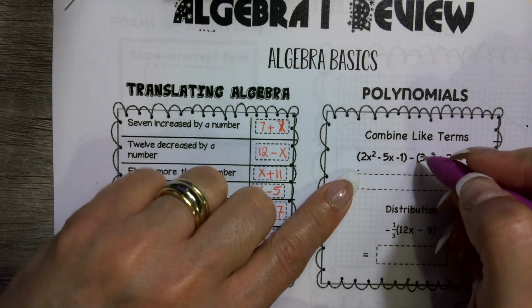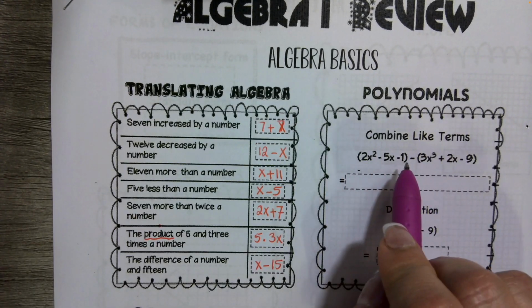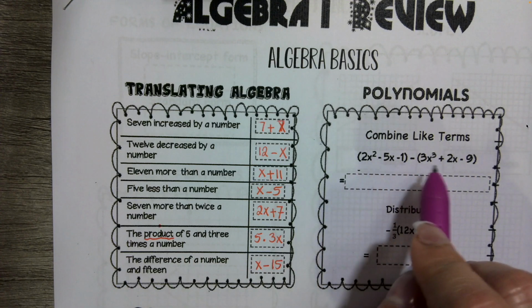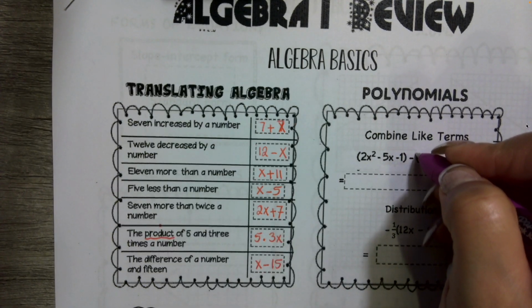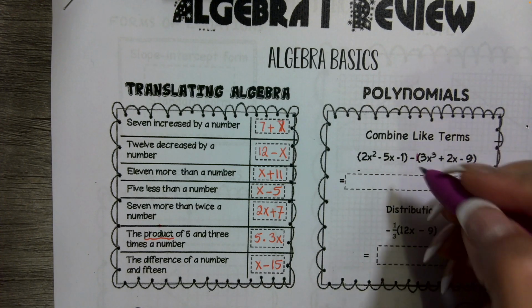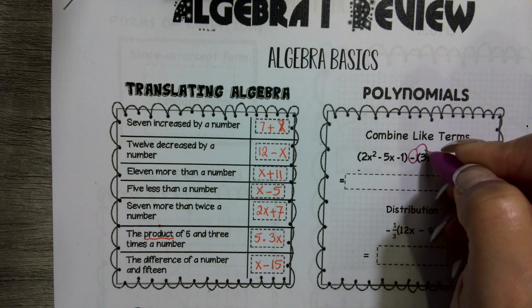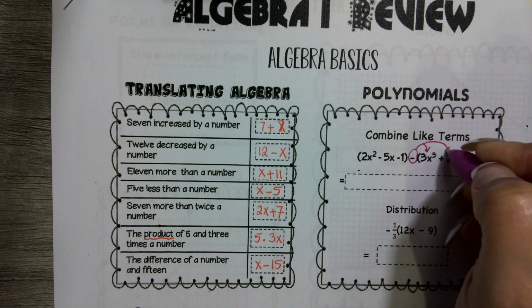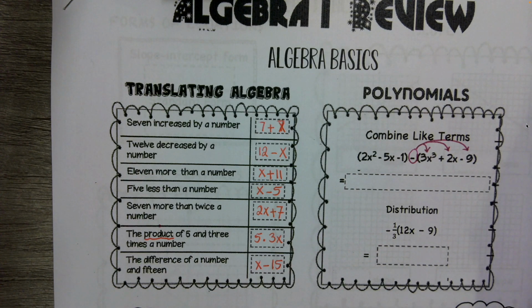If we had a positive here, we wouldn't have to do anything. We would just get rid of the parenthesis and add the like terms. But here, because of this negative, it is a -1. And that means this negative distributes to every single one of these terms inside the parenthesis.